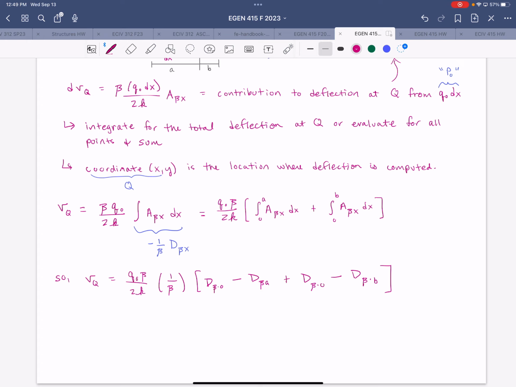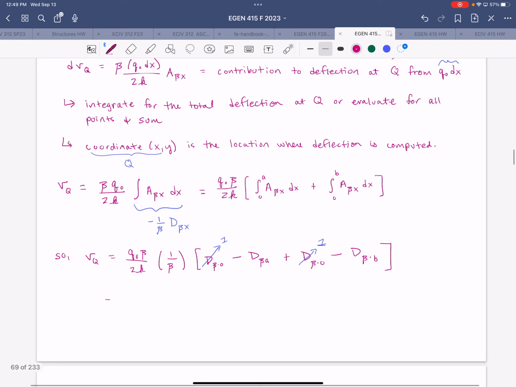And from the previous example, right, we looked at D evaluated at beta 0, and that goes to 1. All right, so these two terms will go to 1. So we're left with q naught times, let's see, now the beta's factor, right?